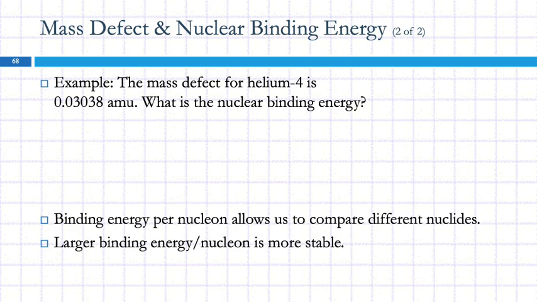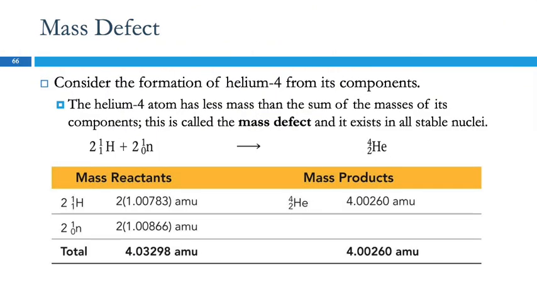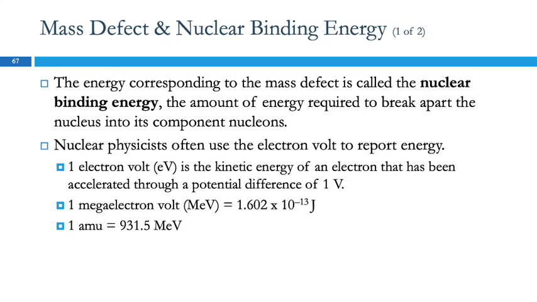So the mass defect for helium-4 is 0.03038 atomic mass units. We get that by taking the reactants here, subtracting the products, and that's the difference. This is the amount of mass that disappeared, that's missing.